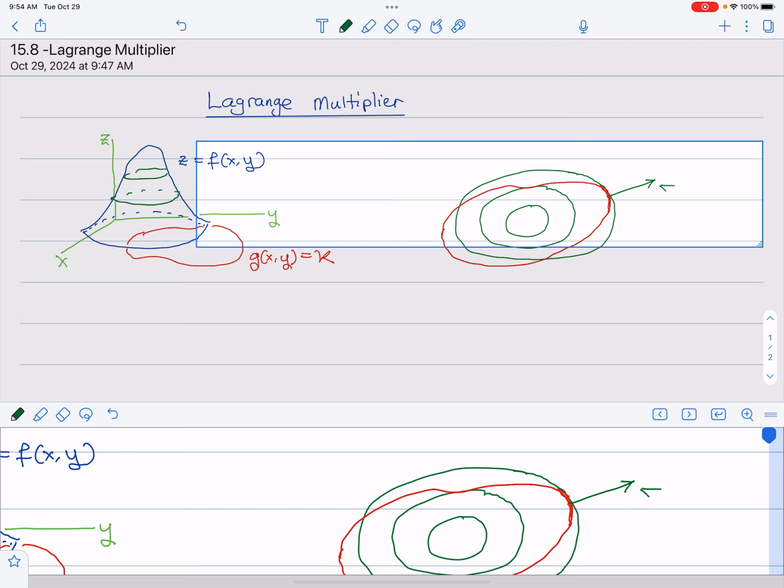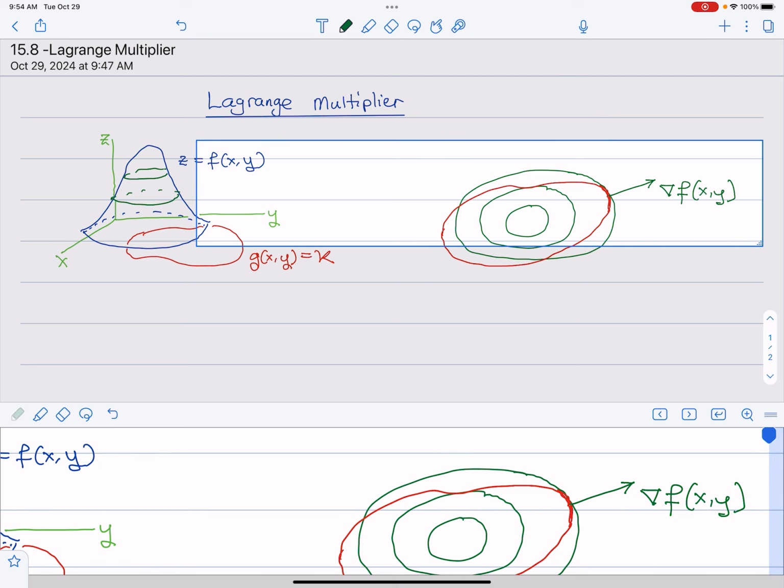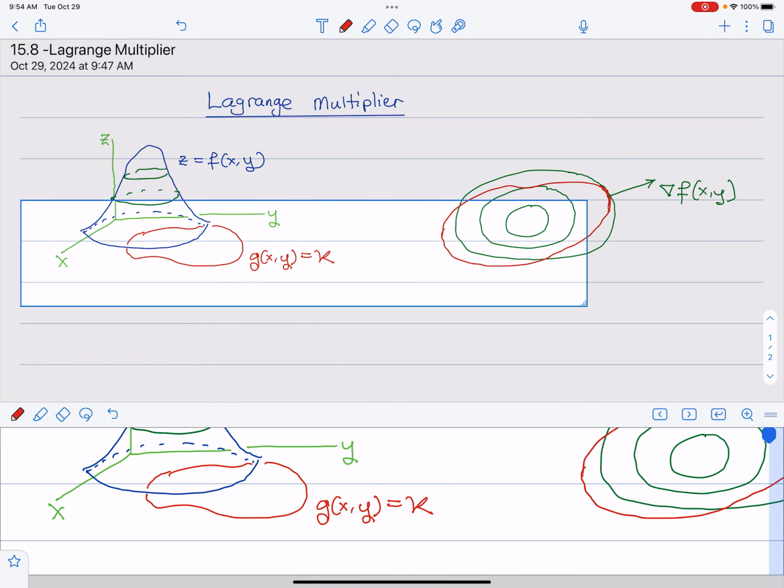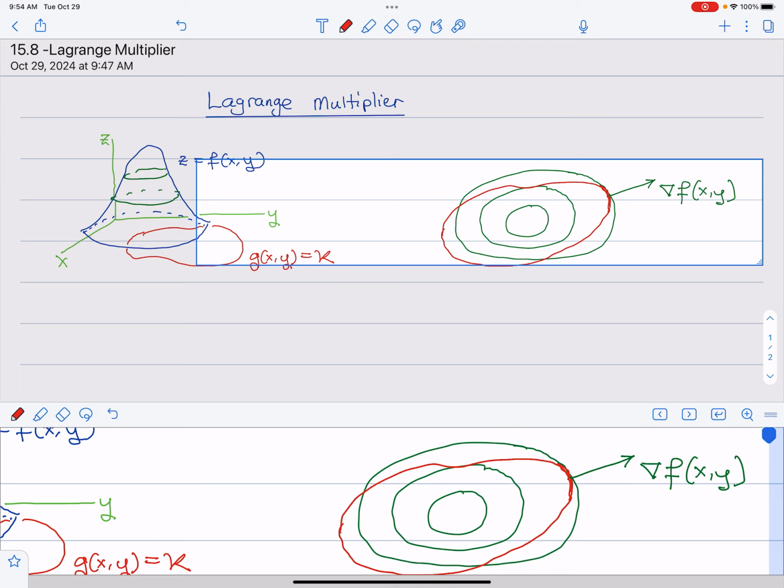So over here we have the gradient of our function, for the green level curve here. But at the same time, the curve g of x, y equals k is also orthogonal to the gradient, or its tangent line at this point is also orthogonal to its gradient.